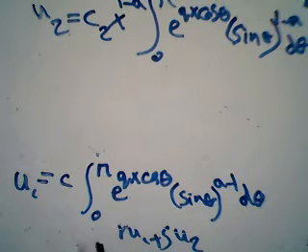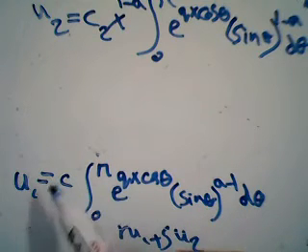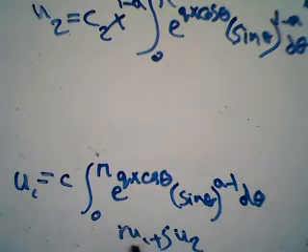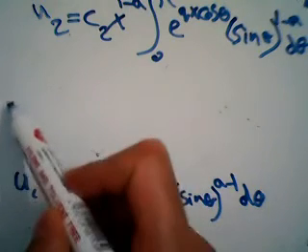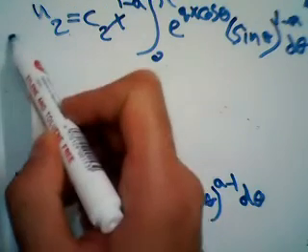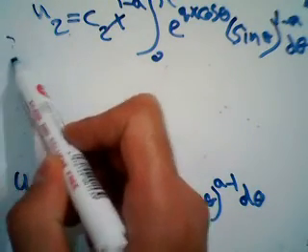And r times u1 would be r c times this integral, and let's call rc as c prime 1.